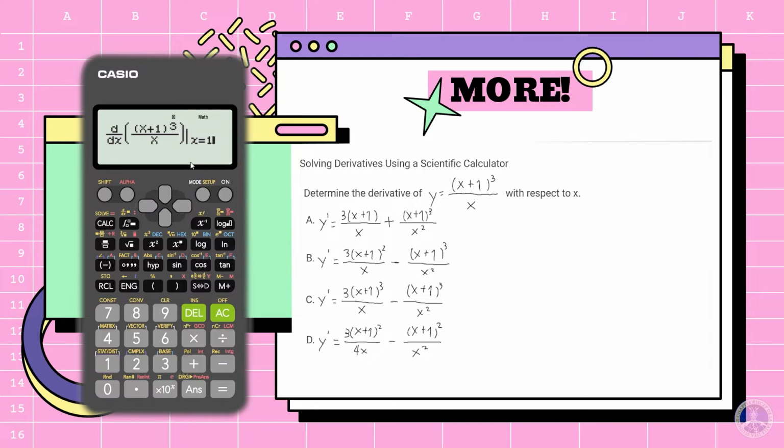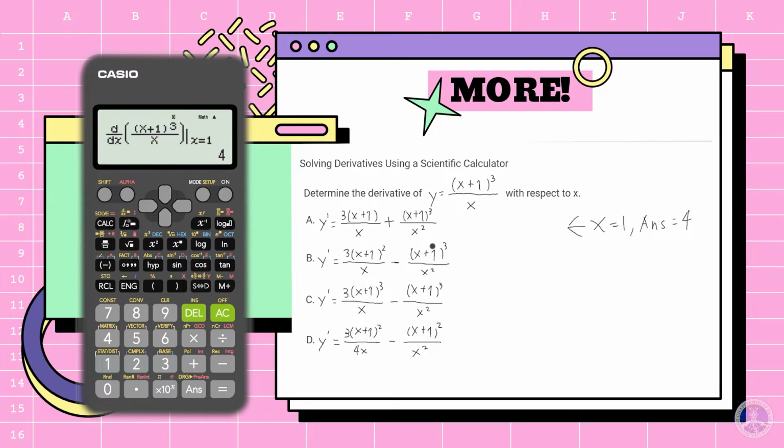Let's assign 1 again. And press equal. So our answer should be 4. So in this regard, if the value of x is equal to 1, then the answer should be 4. So let's do what we did earlier and substitute all of the values to the choices we have.